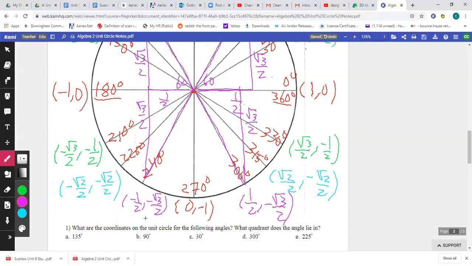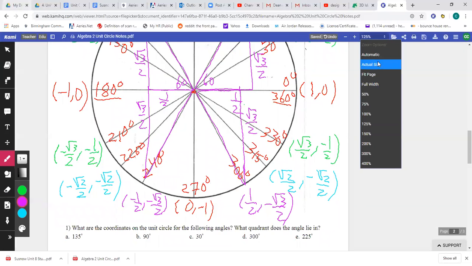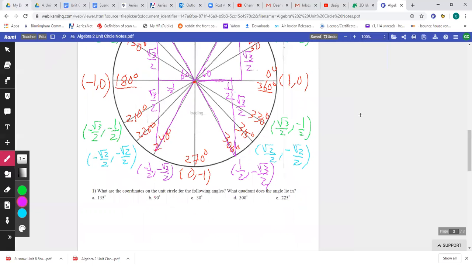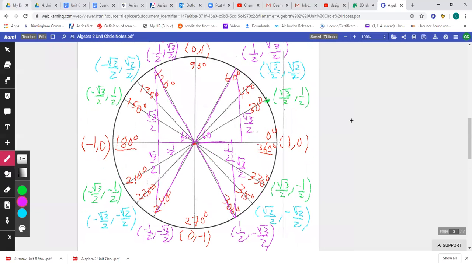Okay, and we did it. We completed what's called the unit circle. This is the basis of all trig here. Yeah, the whole topic of trigonometry is based on this one circle.